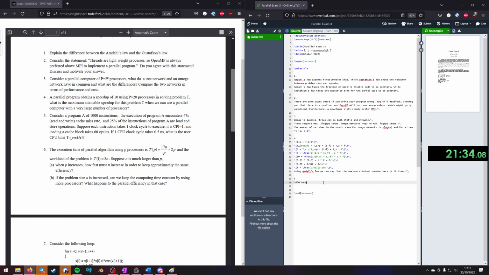So we have 1,000 instructions, 75% of which are normal, non-read-write instructions, which is 750. 25% are read-write instructions, which is 250. 4% of read-write instructions are cache misses, so 4% of 250 is 10. 96% of read-write instructions are not cache misses, which is 240.